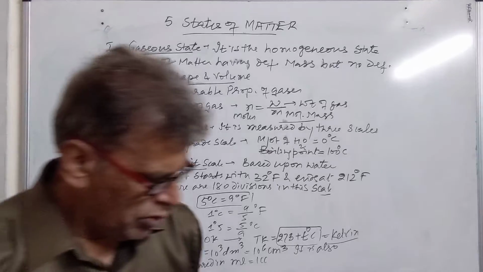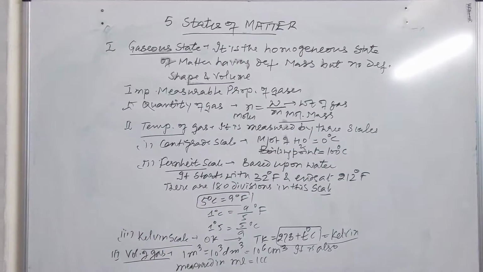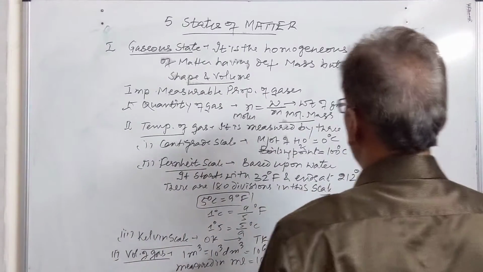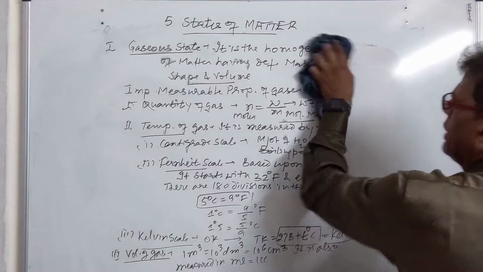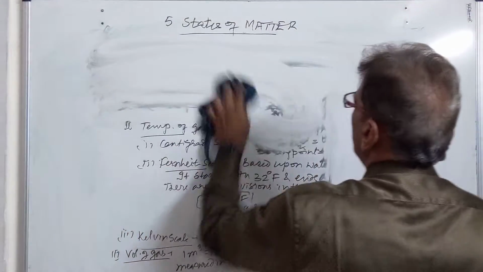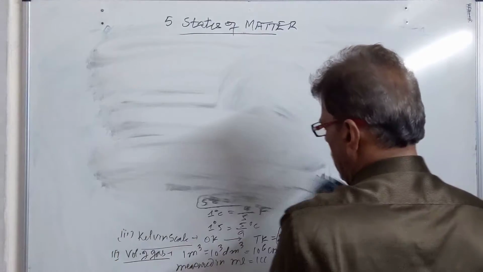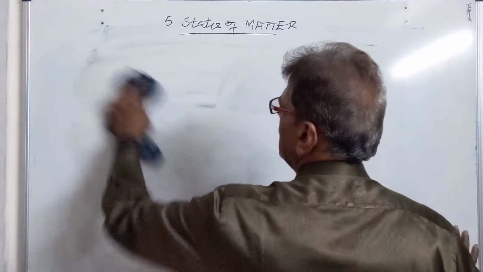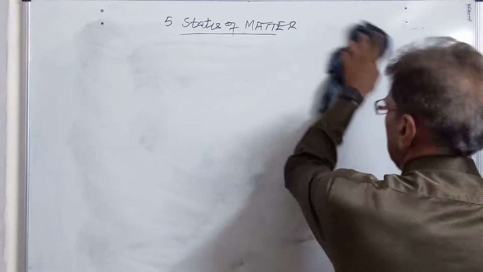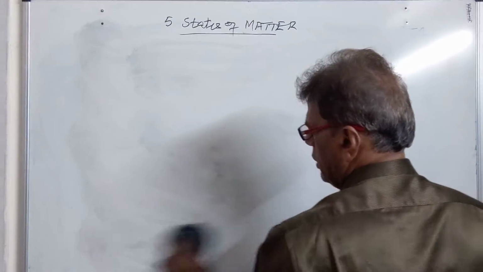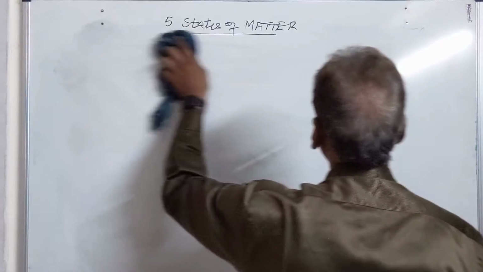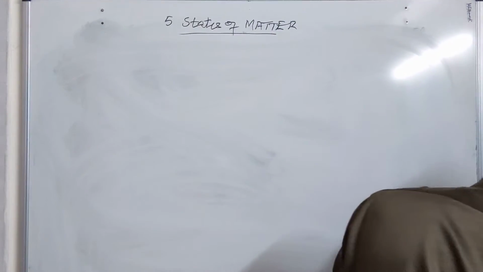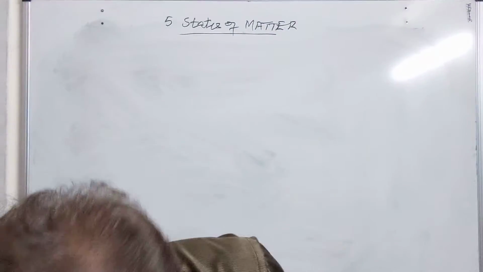Then we come to the important definition. What is atmospheric pressure and what is gas pressure? Because the next measurable property will be the pressure of the gas. So before measuring that, let us first define what is atmospheric pressure and what is gas pressure.